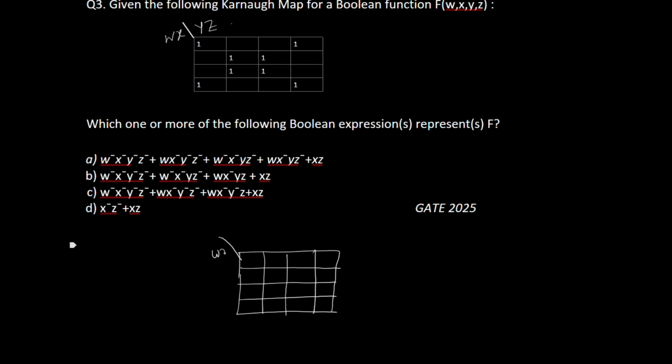Now here W X, Y Z. Here Y bar Z bar, Y bar Z, Y Z, Y Z bar. Here we get W bar X bar, W bar X, W X, W X bar. Here we get, so one is here.